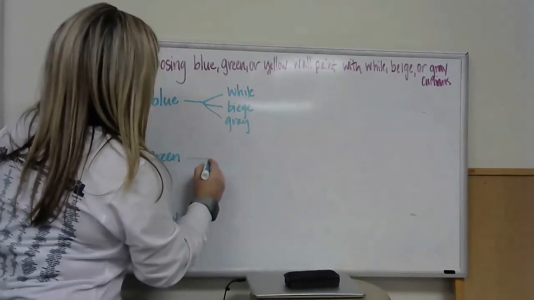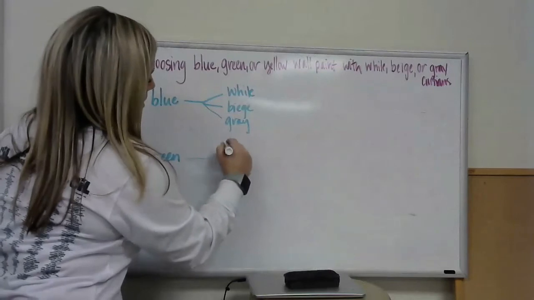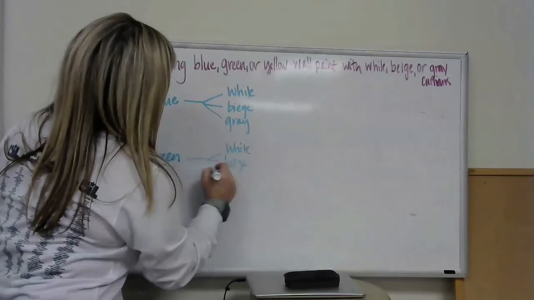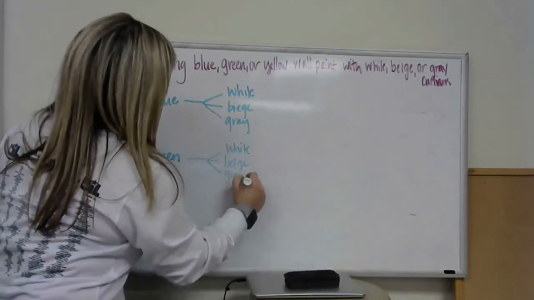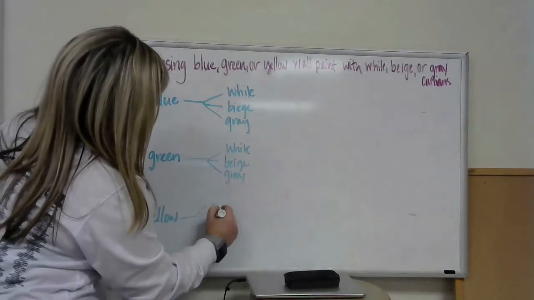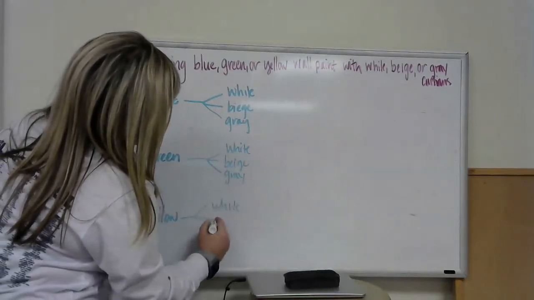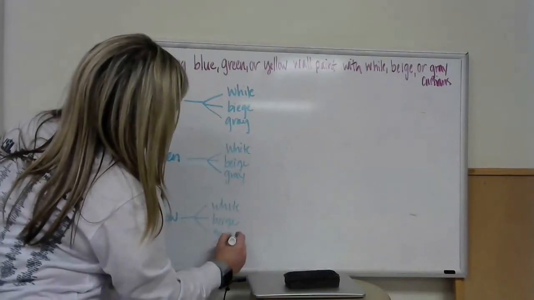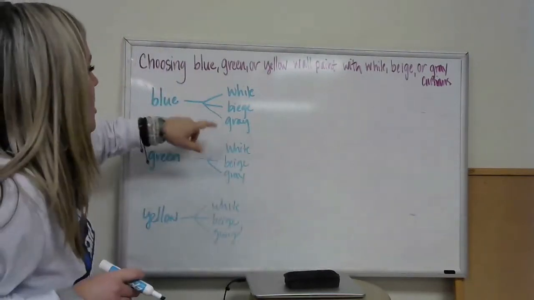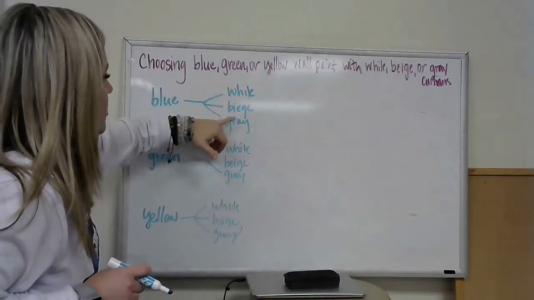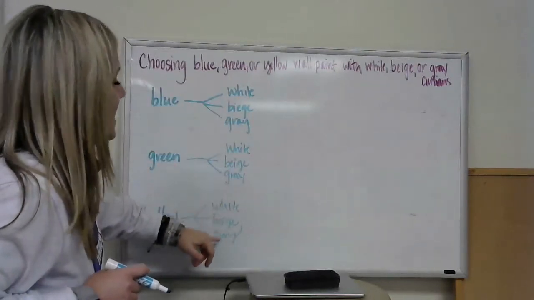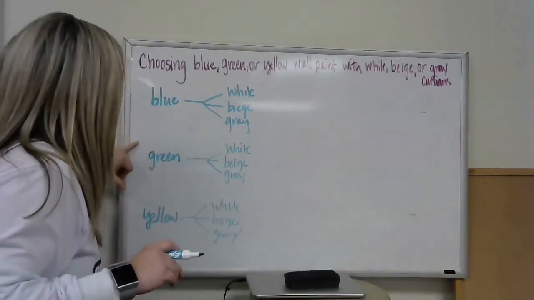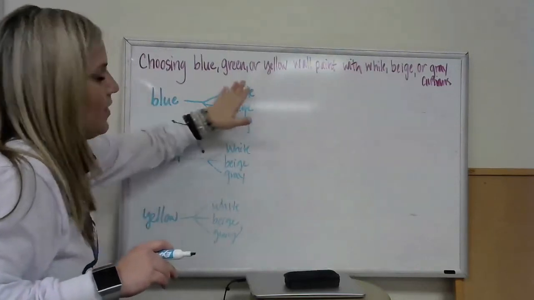Then you could also do green wall paint with white, beige, or gray curtains, and the same for yellow: white, beige, or gray. Now, if they asked how many different combinations, you could count 1, 2, 3, 4, 5, 6, 7, 8, 9 possible combinations, with 3 paint choices and 3 curtain choices.